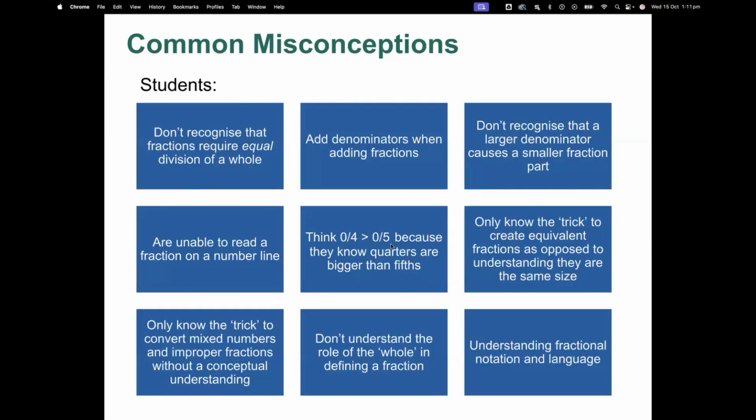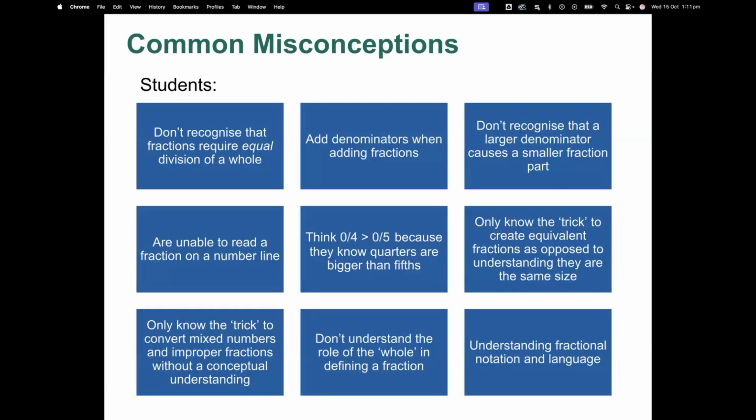So this is a misconception about equivalent fractions. They know tricks. Okay, so they know procedures and algorithms to create equivalent fractions. They know how to convert mixed numbers and improper fractions, but they don't have a conceptual understanding. They don't know what that means.